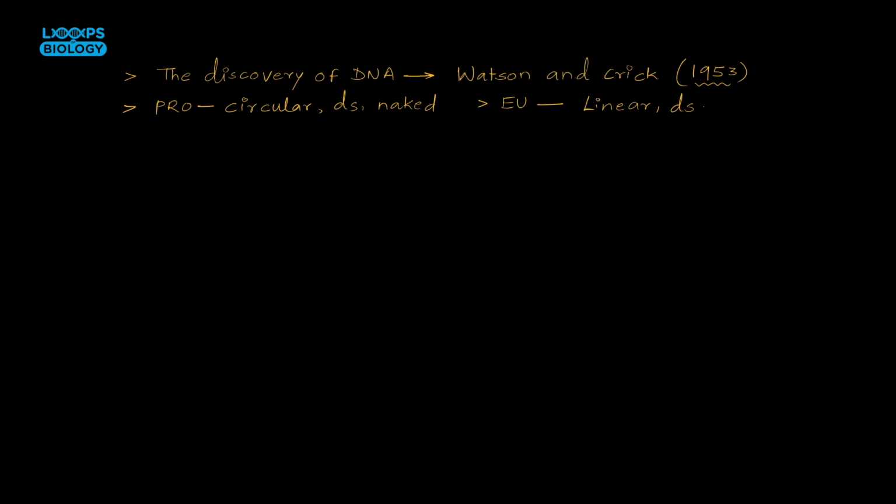So in this particular structure, Watson and Crick were the ones who actually discovered that the monomers of the structure are deoxynucleotides and the nitrogenous bases present inside this structure are adenine, thymine, cytosine and guanine. So A, T, G, C, these are the four nitrogenous bases present inside DNA.